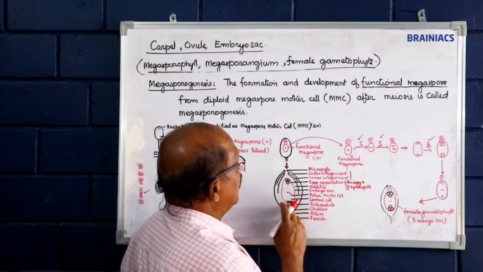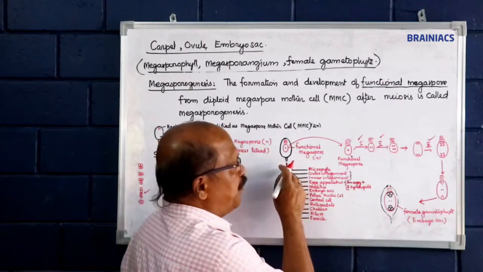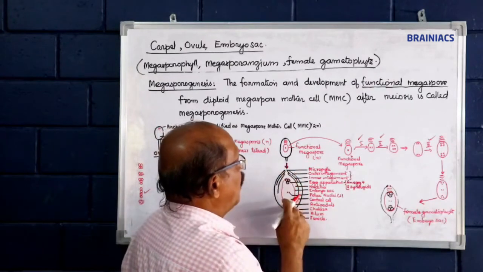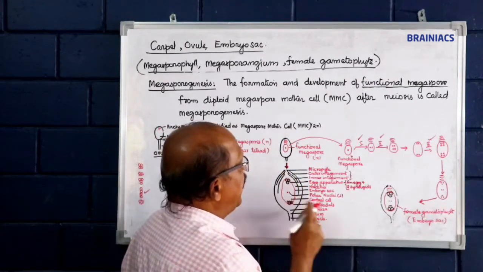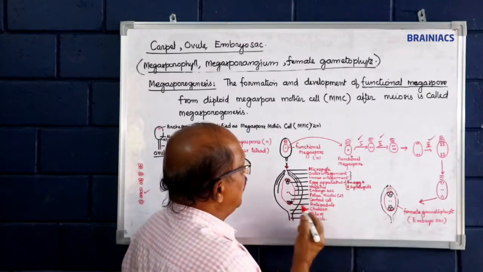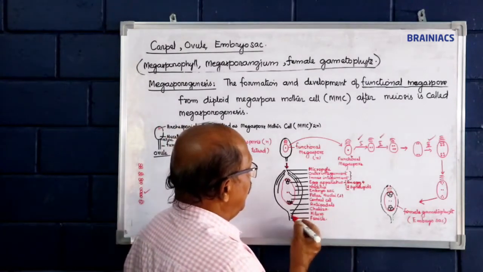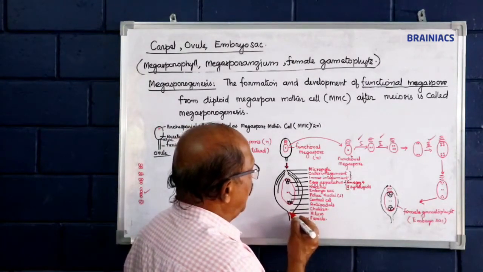Antipodals are at the chalaza end. Chalaza is the place opposite to the micropylar end, the base of the ovule. At the chalazal end you can see 3 cells, which are called antipodals. Then the hilum, the point of attachment of the ovule.